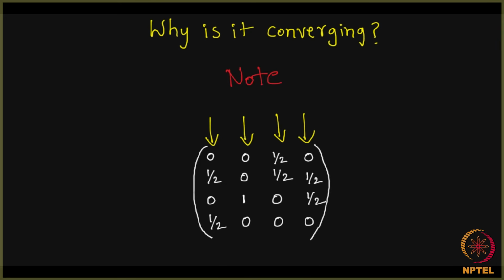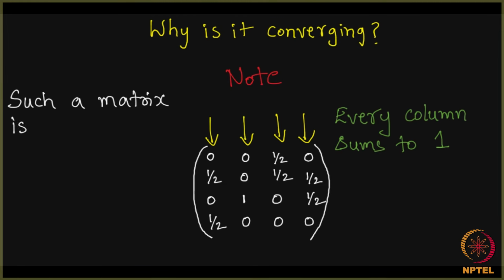Any student who has finished his first 4 semesters of engineering would have definitely encountered this matrix. It is actually called the Markovian matrix, right? So observe the property here. Every column sums to 1. Such a matrix is called a Markovian matrix or simply a Markov matrix.